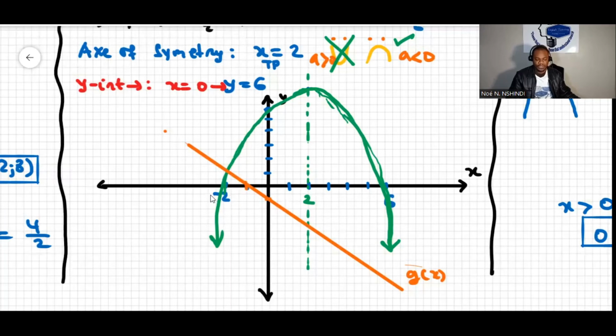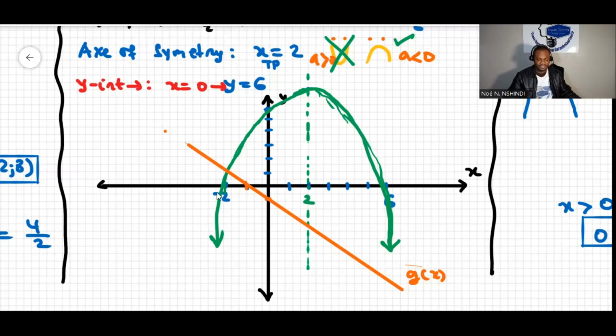In this part, for instance, g of x is more than f of x. f of x is negative and g of x is positive, because over here it's decreasing. So the product here will be less than 0.